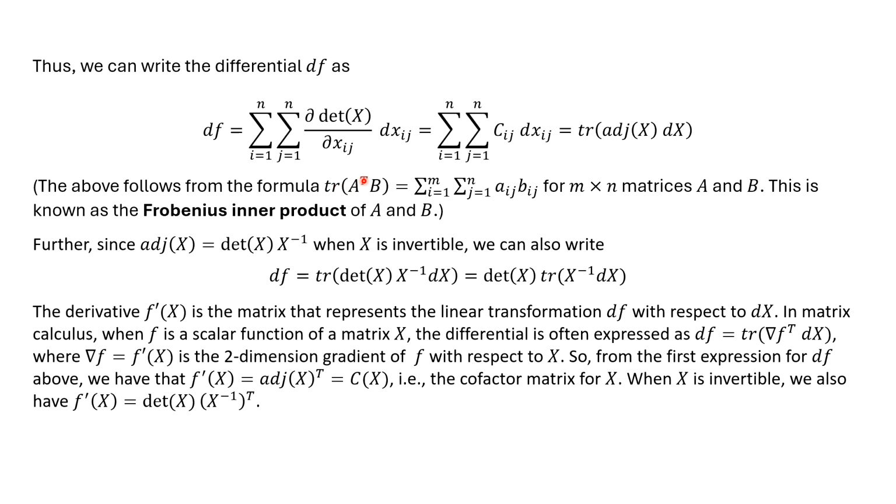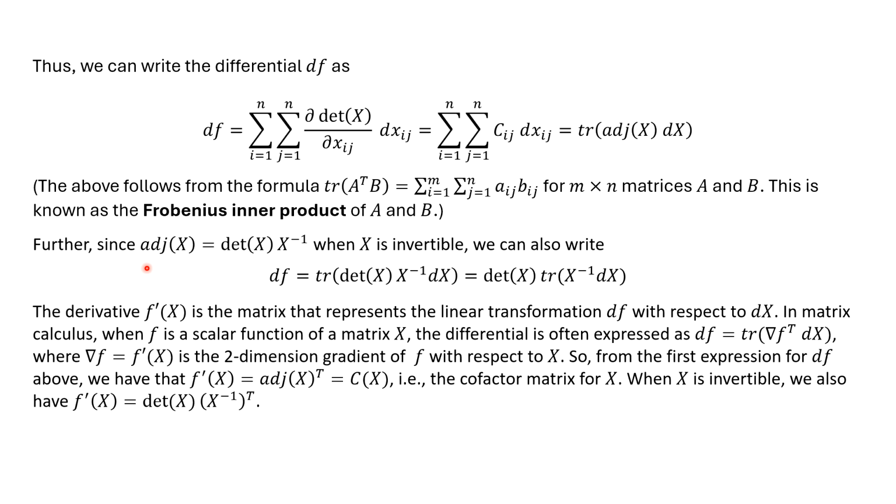The trace of A transpose B is this double summation of Aij Bij. So that's what we have here, Cij dxij. And so what we need to put into the formula here is dx, but then the transpose of this, by definition, the transpose of the cofactor is the adjugate matrix. So we have our solution here.